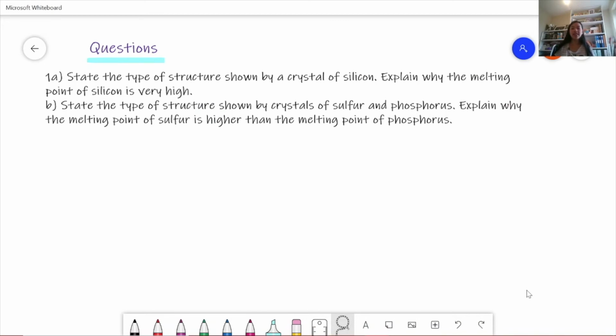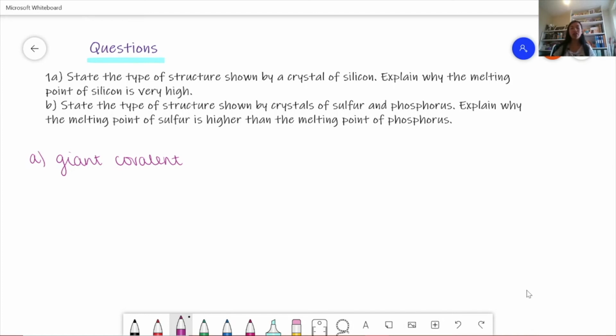The first question says, state the type of structure shown by a crystal of silicon and explain why the melting point of silicon is very high. And so silicon has a giant covalent structure. And it's really important to remember that it's a giant structure, because you might think that because it's a non-metal, it forms a simple molecular molecule, but it actually has a giant covalent structure.